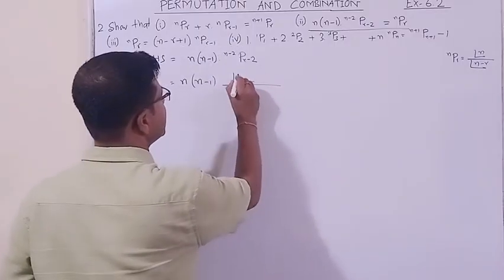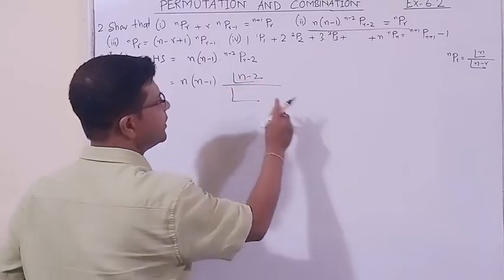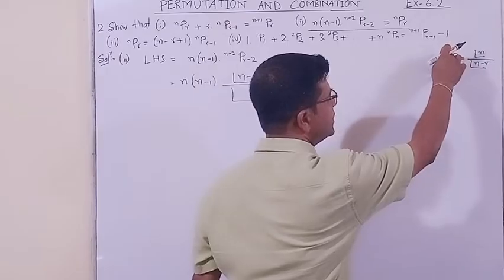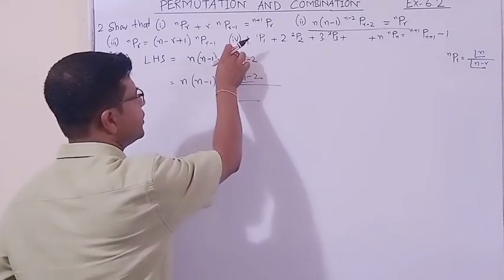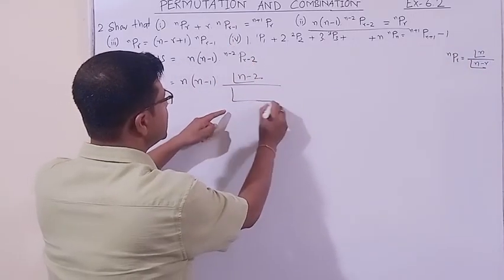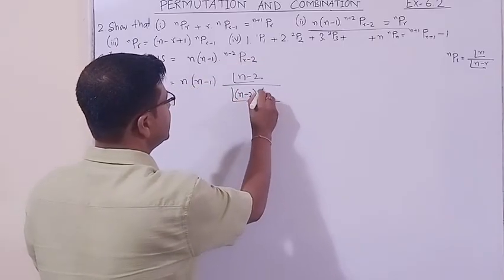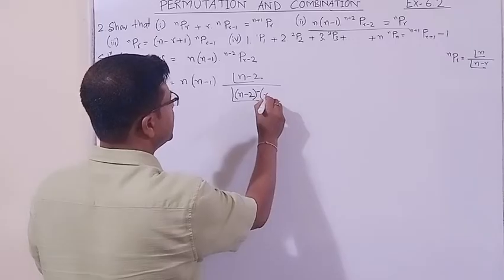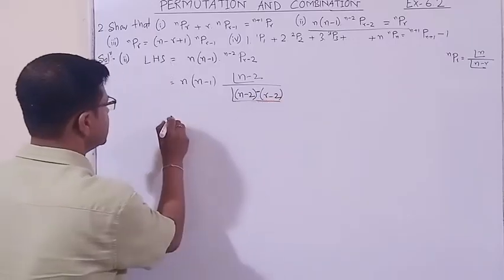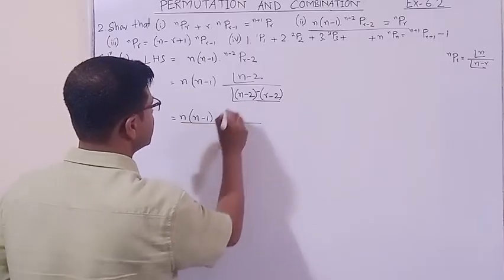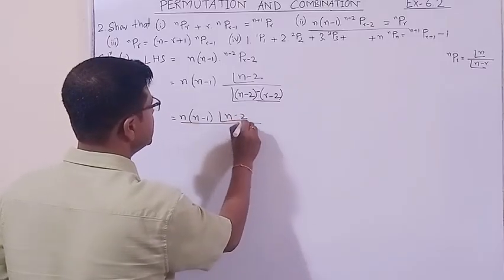This is factorial n minus 2 divided by, at first n. If it is nPr, we write factorial n divided by factorial of this minus this. Then here this minus this we shall write. Let us take the help of a bracket because there will be minus n, I forgot to put. So this is n minus 1, this factorial n minus 2.